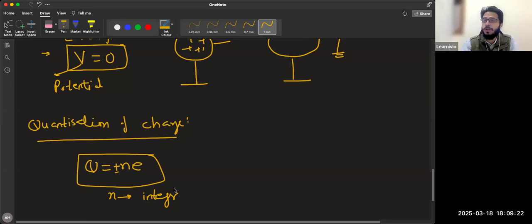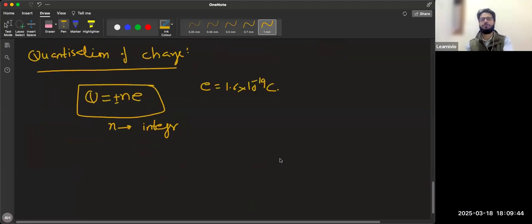You can transfer 1 electron or 2 or 3 or 4 electrons. You can transfer electrons only in integer numbers. You can't transfer 3.5, 4.5, 5.5 electrons. That's why the charge on an object is also an integral multiple of e, where e is the electronic charge, which is 1.6 times 10 raised to the power minus 19 coulomb.